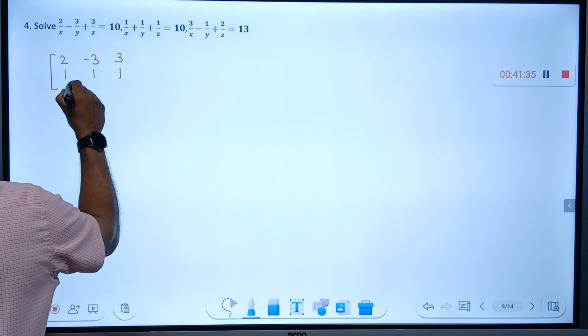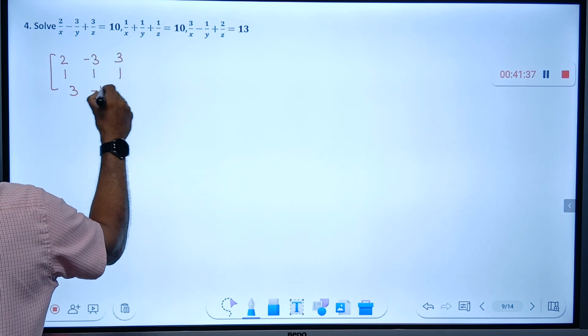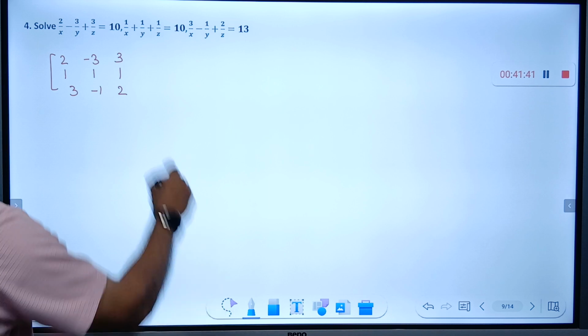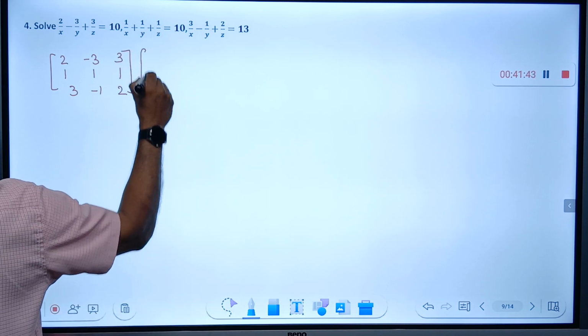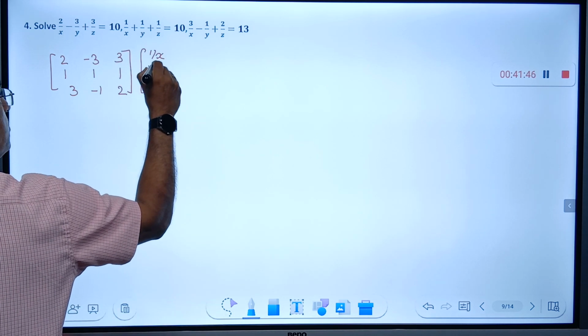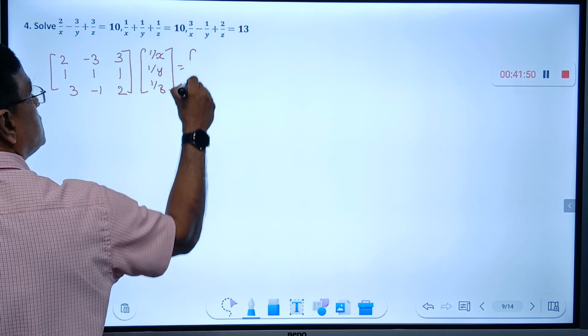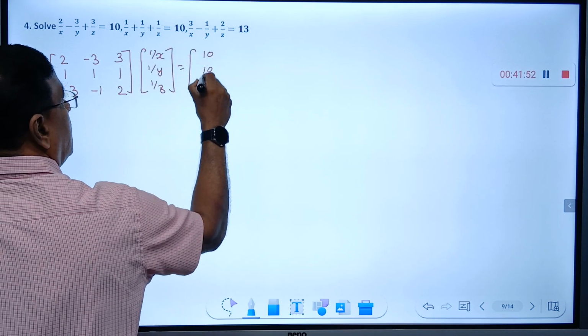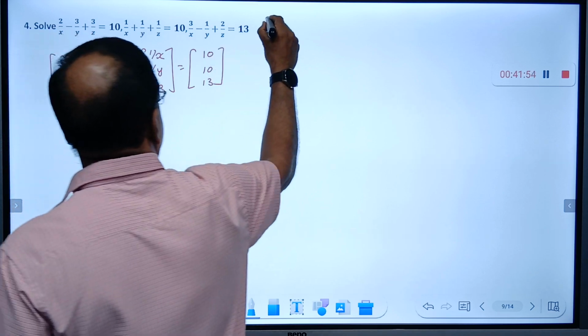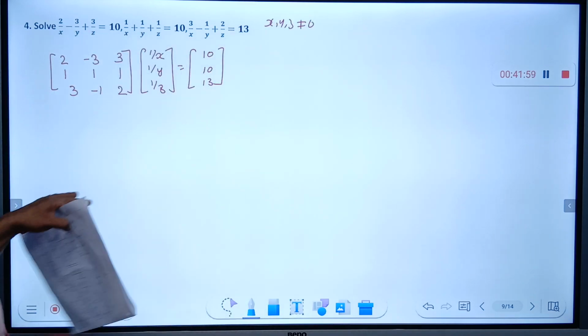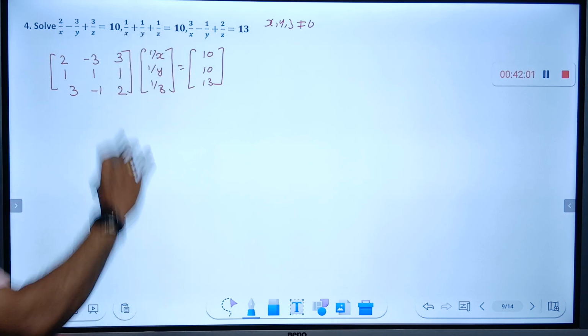What about this? 3, minus 1, 2. So I wrote the coefficients into, it is not x, y, z, it is actually 1 by x, 1 by y, 1 by z equal to, what is the constant? 10, 10 and 13. It is understood that x, y, z are not 0.